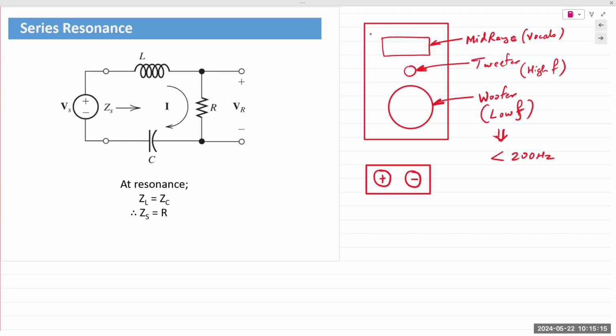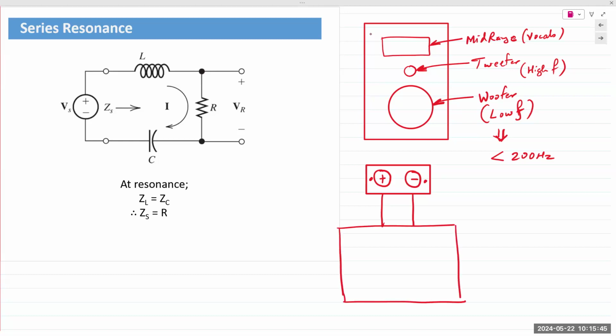We can't see them, but there's only one cable going in there, with a plus and a minus, 2 wires. Yet, we have 3 speakers, and each one of these speakers has a plus and a minus terminal. So if you open up the back, and it doesn't take too much work, there's only 2 screws holding these together, you will see it goes to a circuit.